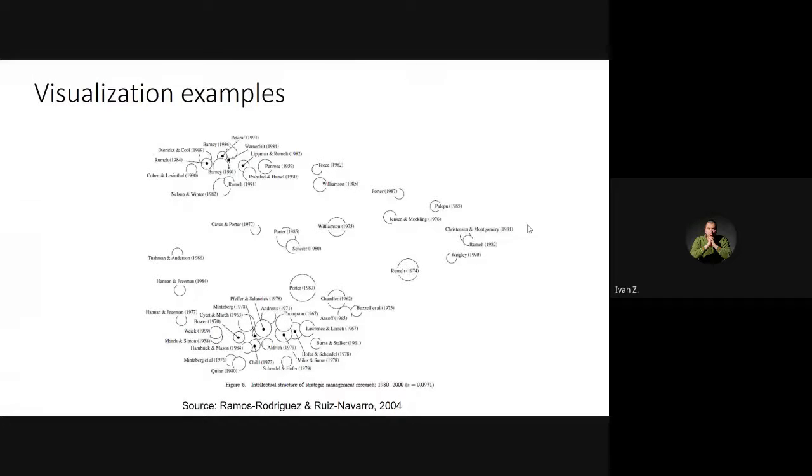So those that are closer would be more similar, and the size of the circle would mean how many citations the article has. So, for example, Porter 1980 would be cited a lot, while some others would be cited much less than Porter.